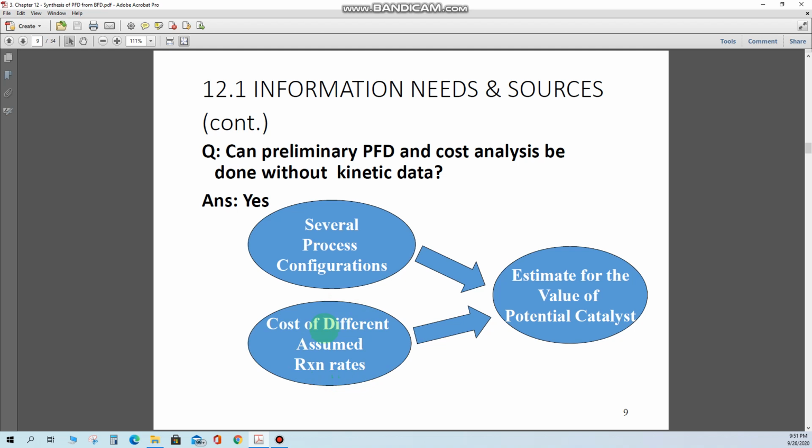If I summarize, you can have information about the temperature, pressure, flow rates, and inlet compositions of the process. You can also have the outlet composition, so you can ultimately have the conversion percentage of reactants into the products. On the other hand, you can have information about the number of reactions that are desired and undesired. With all of this information, you can get the value for the potential catalyst.